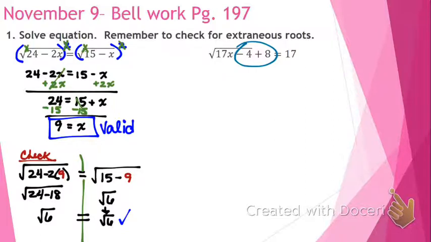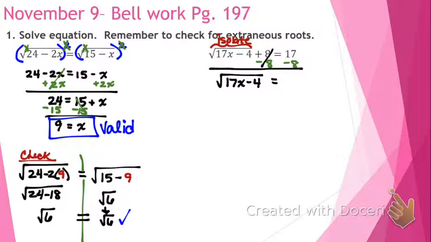I heard subtract. We're going to subtract 8 from both sides. The reason that we're doing that is the first thing we've got to do is to isolate this square root. On the last problem, everything was underneath the square root, and we had 1 on each side, so it was already isolated.